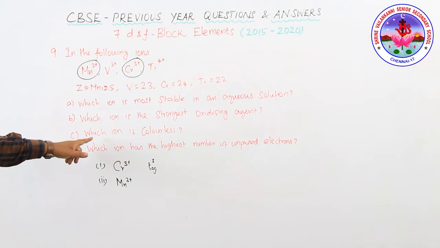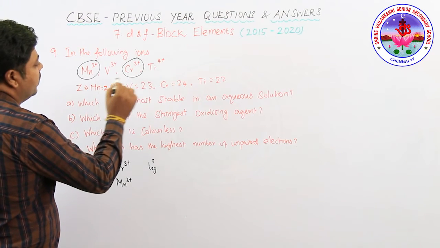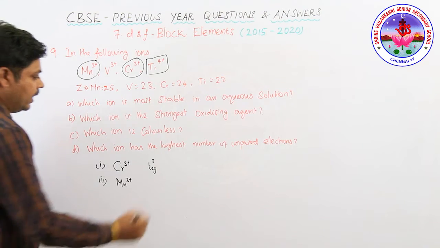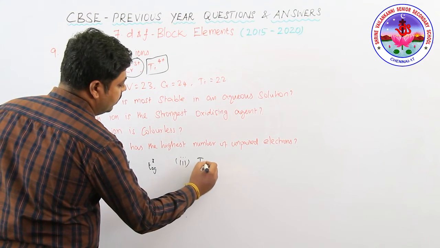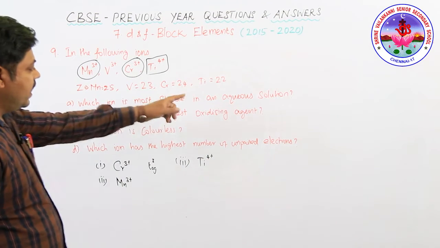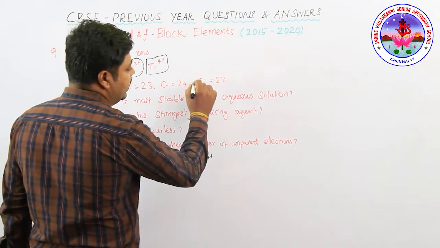Then which ion is colorless? Out of these four, titanium 4 plus is colorless. The third answer is titanium 4 plus is colorless, because there are no unpaired electrons. There are no unpaired electrons in the titanium ion.